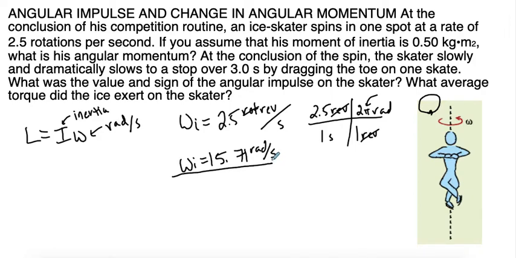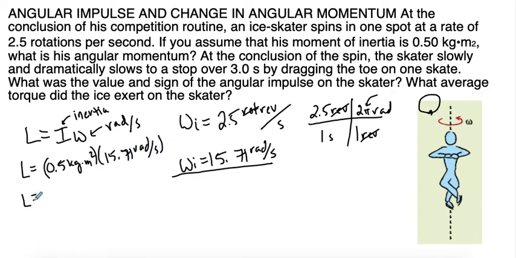Okay, so we need to use this to calculate our angular momentum at that time. Angular momentum is given by moment of inertia, which in our scenario is 0.5 kilograms times meters squared, times our angular velocity, which is 15.71 radians per second.